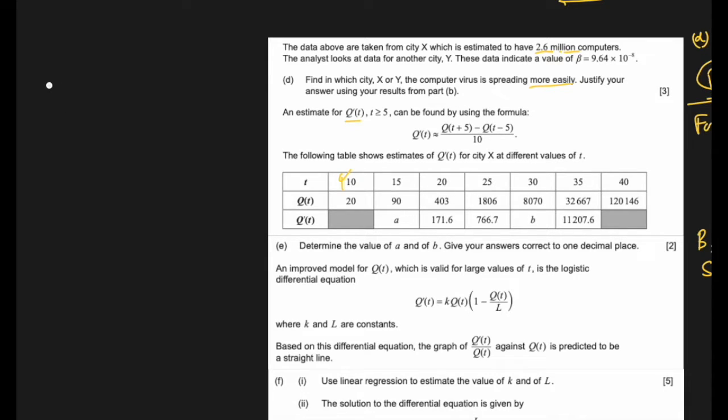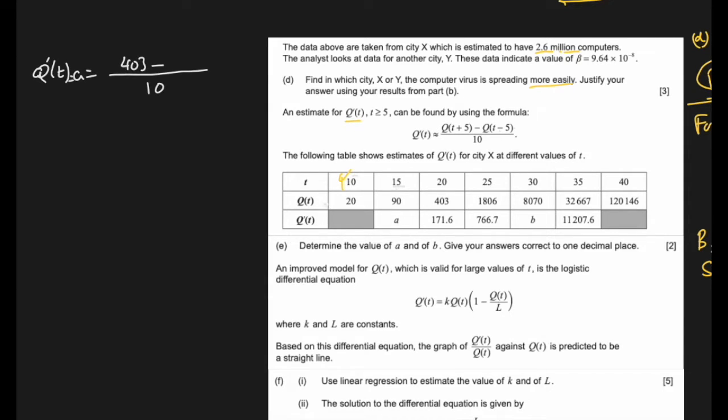Okay, so Q'(t), which is A in this column, is almost equal to the denominator fixed at 10, Q(t+5). So t for A is 15, 15 plus 5 is 20. So what is Q(20)? 403, minus Q(t-5). t is again 15, 15 minus 5 is 10.